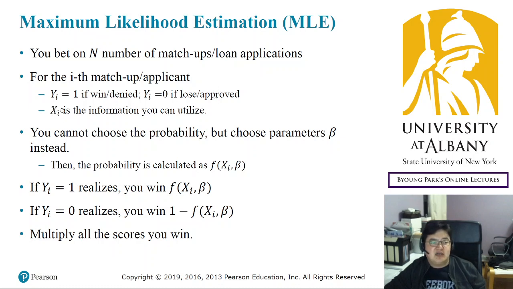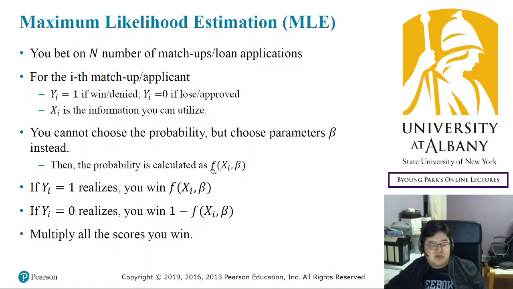And xi is the information you can utilize, like PI ratio or, say, the football games played that season, so you know how strong the team is. And as I explained before, you are not choosing the probability but the parameters. You cannot choose them directly.